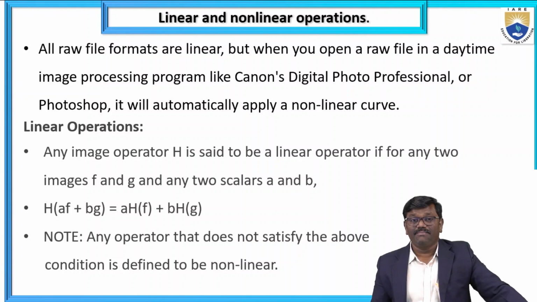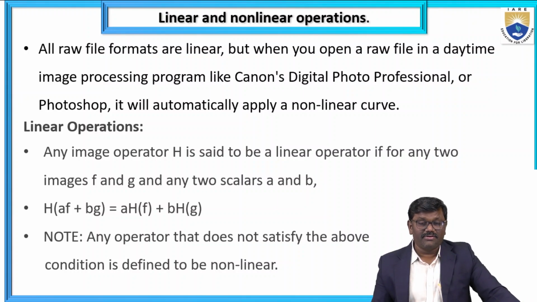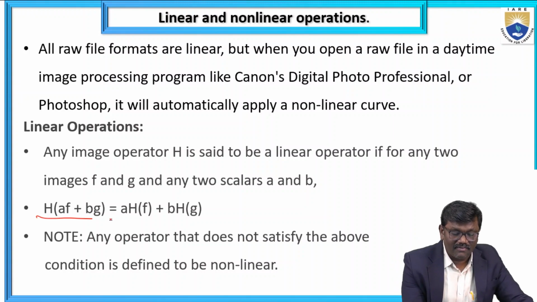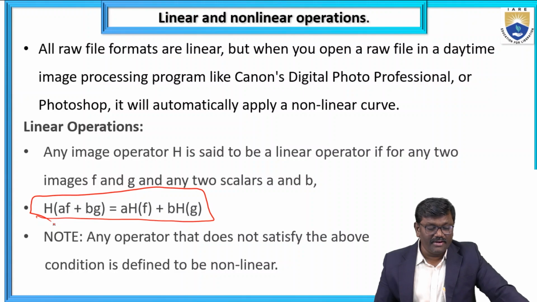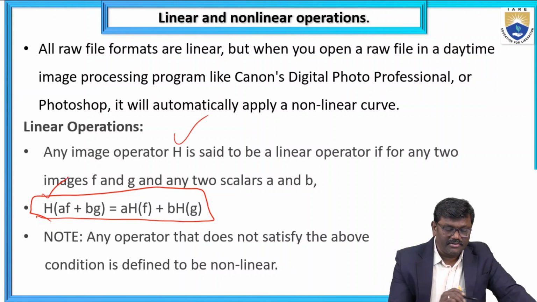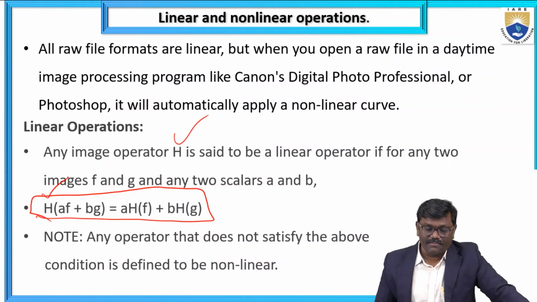Okay, let me see what linear operations we are concentrating on here: the convolution process. What I mean here is that you take the operator H as a linear operator.